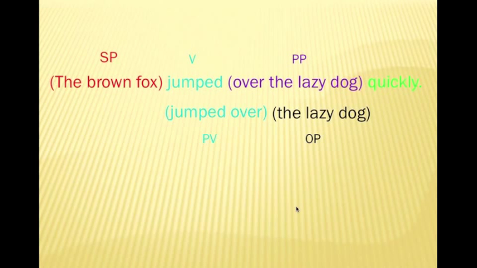Now again, going back to our original example, which we've analyzed quite a bit in the last few videos, we've got our subject phrase, the brown fox, a verb jumped, or in this case our phrasal verb is jumped over, and analyzing the prepositional phrase, another way to look at it is it's the object phrase of the verb jumped over, and then our adverb quickly.